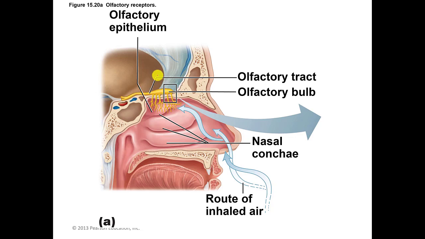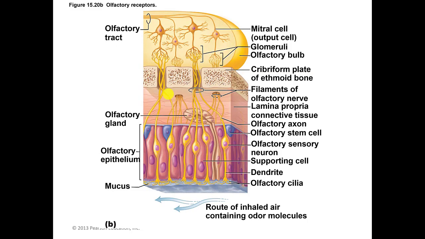And right here, you can see the olfactory bulb. And remember, it sits right on top of the cribriform plate. And you can see these nerve roots going through those little olfactory foramina. And now you can see here are those nerves, and they are down in that olfactory epithelium, picking up those chemicals.